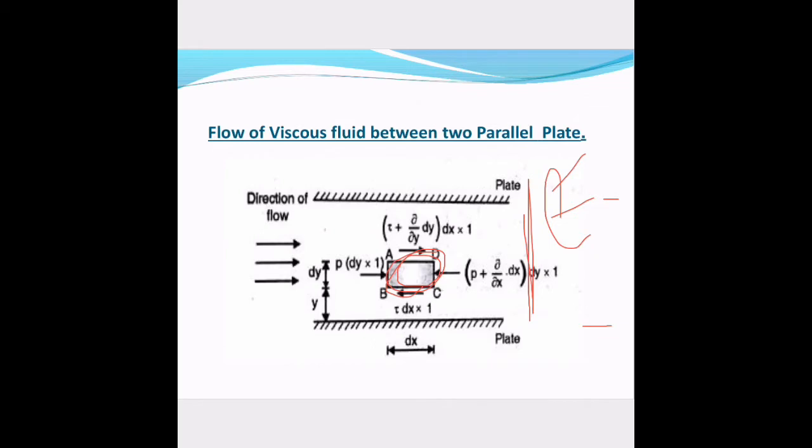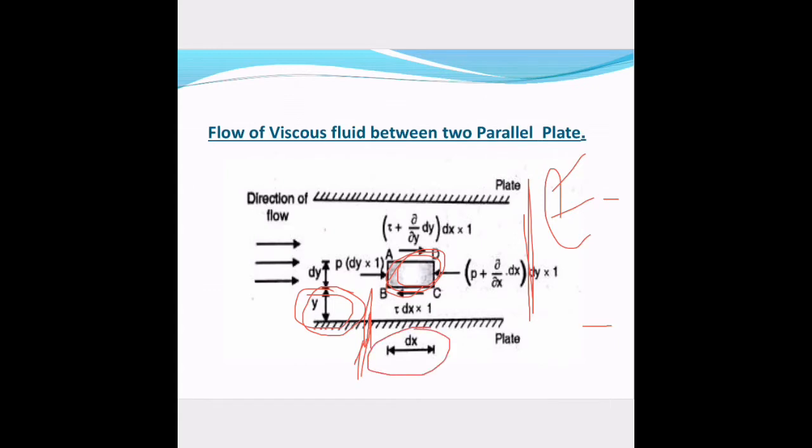That's why we consider a small element of fluid, and it is named ABCD. The length of the fluid element is given as del x, and the width of the fluid element is given as dy, okay? Dx and dy.